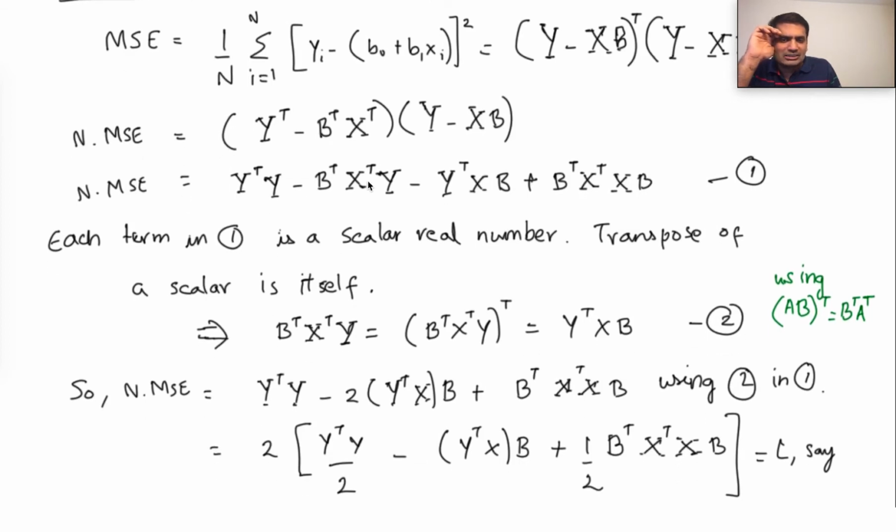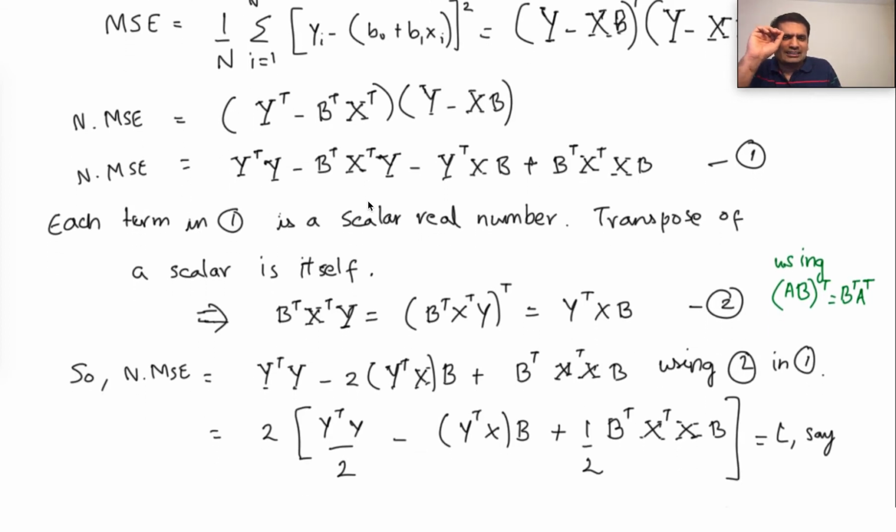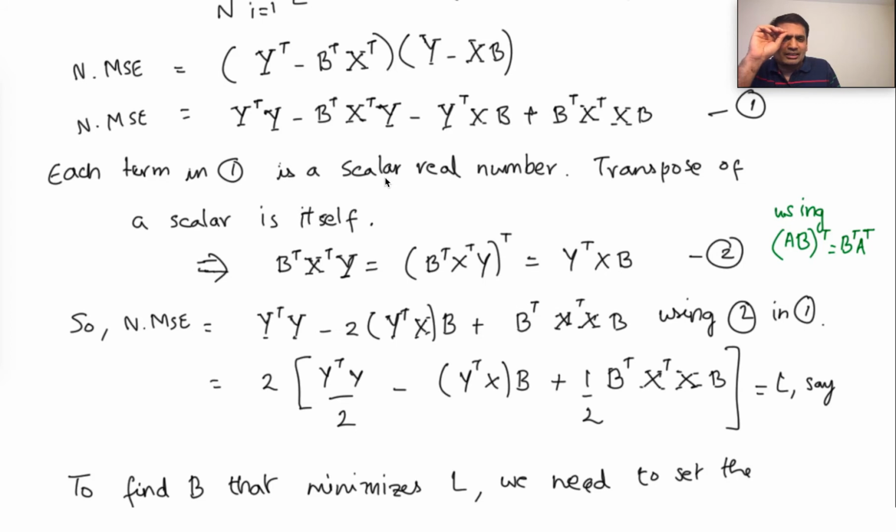Okay, so why am I saying it's a scalar real number? Well, if you have a real number and you take the transpose of that real number, of course, the transpose of the real number is the real number itself. The number 5 transpose is basically going to be 5, right? So that's what we're going to do. We're going to take this expression and then take the transpose of it and equate it to it.